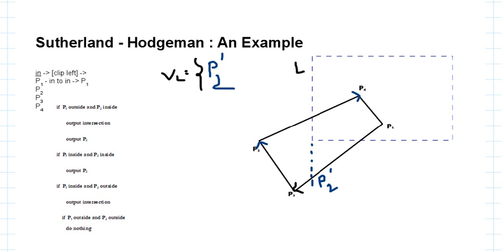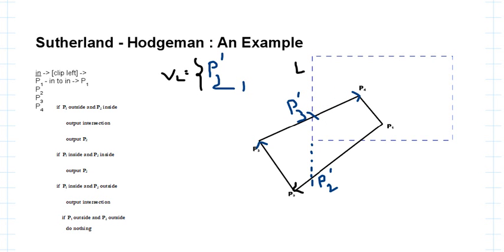Then output will be the intersection point, that means this point, which say is P3 dash, and the endpoint, that is P4. Now you need to include these 2 points, P3 dash and P4, into the polygon definition, which will be generated after clipping with respect to this left edge.